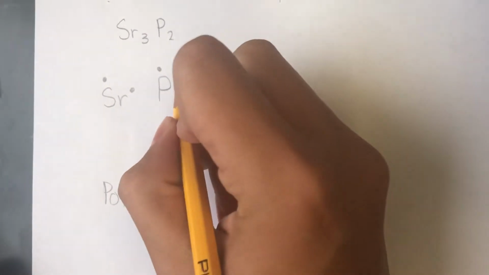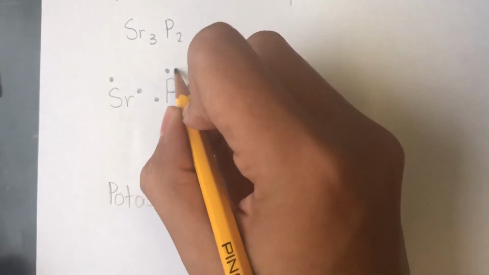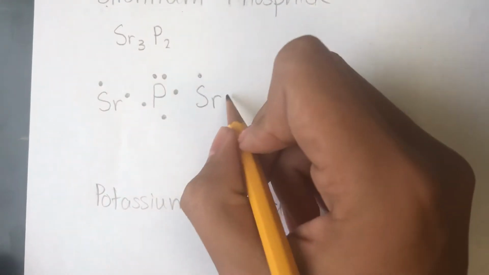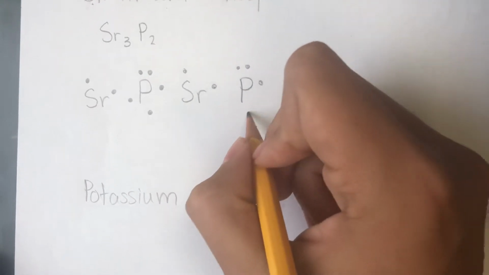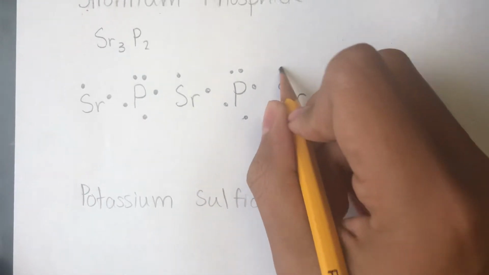So 1, 2, 3, 4, 5, and then strontium again with 2, and then we're just going to do this really quickly. And strontium again, since we have the 3rd one.